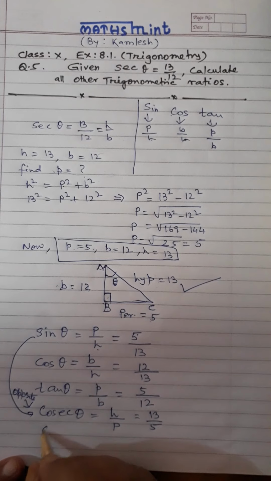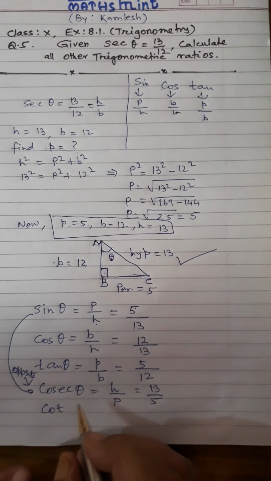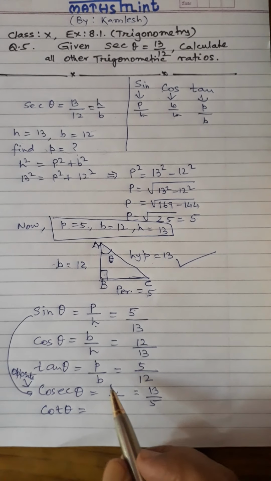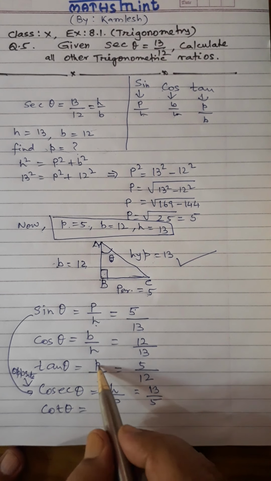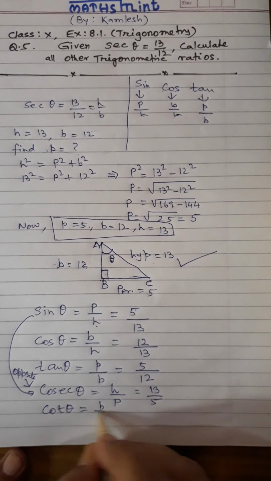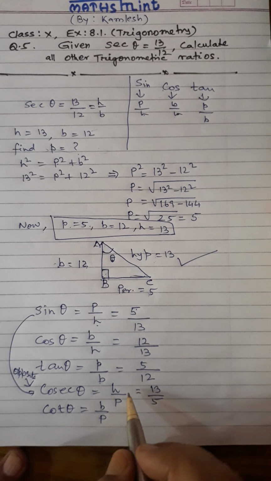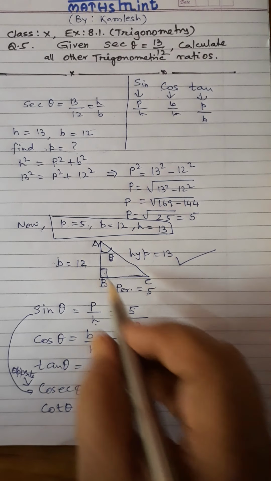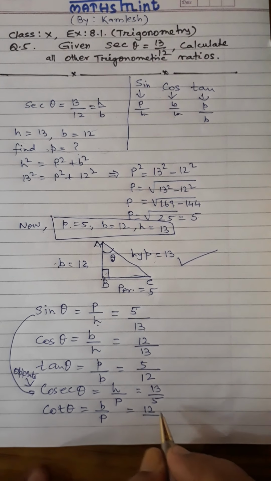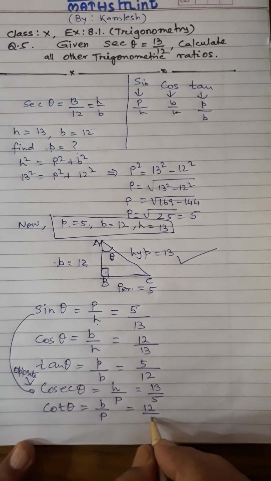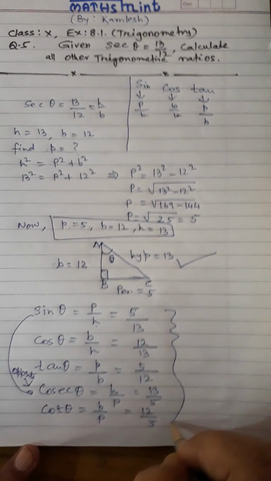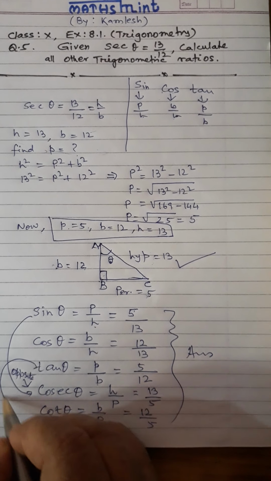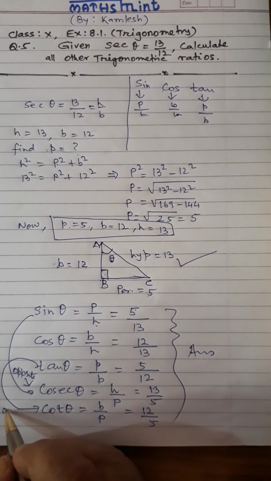Again, cot theta will be, cot is opposite of tan, tan is p by b, so it will be b by p. B is 12, p is 5, so it will be 12 by 5. All trigonometric ratios we have found. This is the answer.